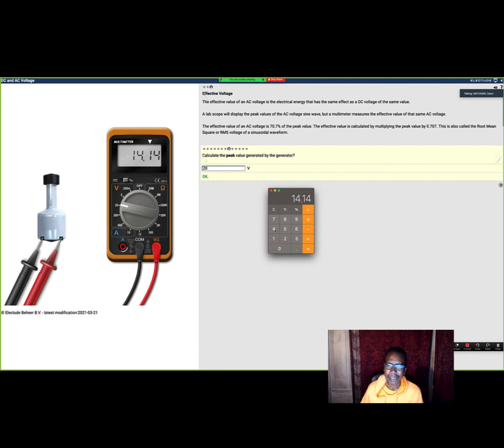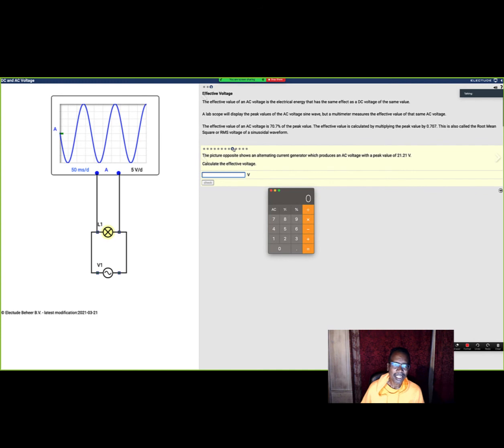Let me see something. The next one, number 9. The picture opposite shows an alternating current generator, which produces an AC voltage with a peak value of 21.21 volts.